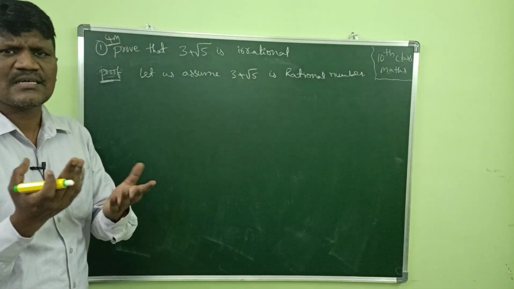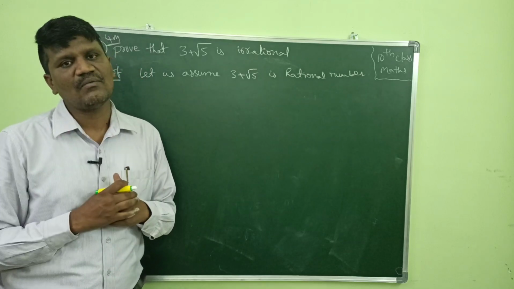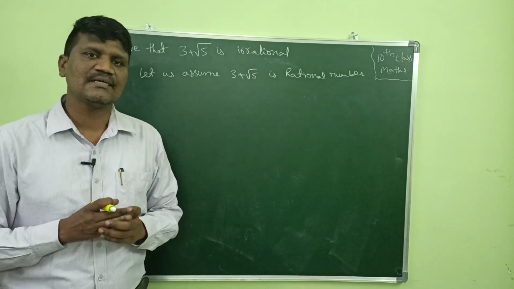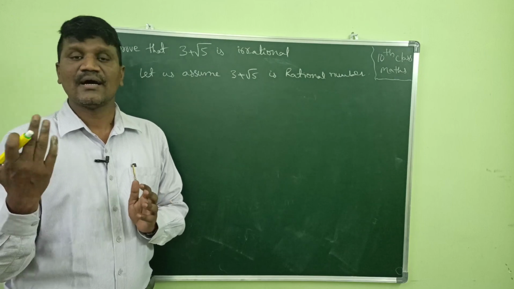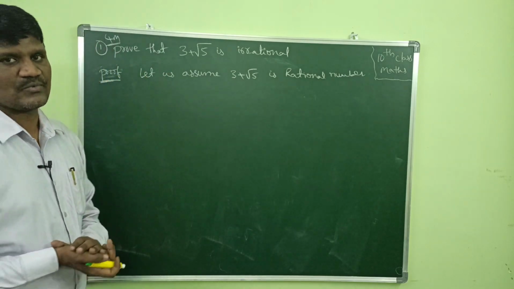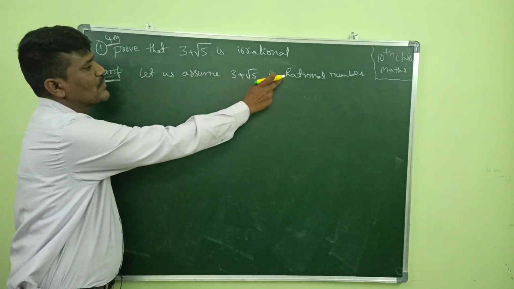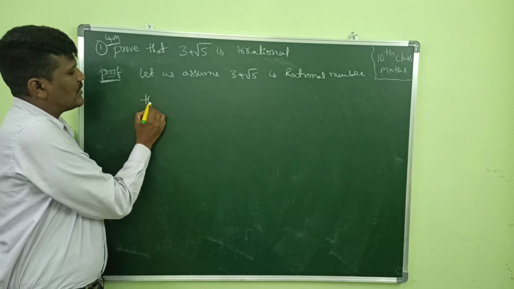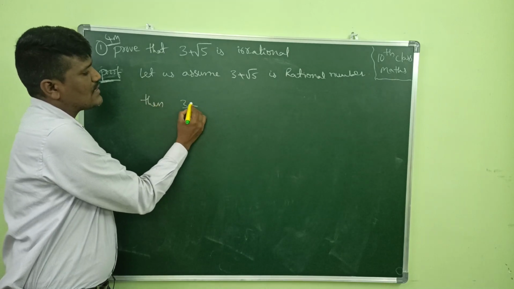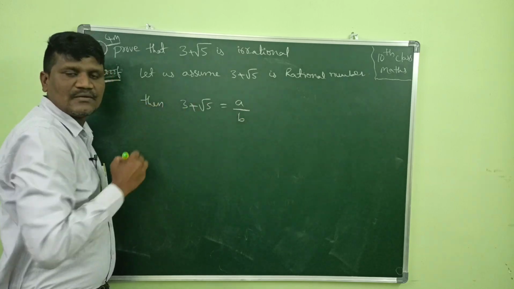We know that a rational number should be in the a by b form, where a, b are integers and b is not 0, and also we should take a and b as co-primes. So now, if 3 plus root 5 is rational, then we can write 3 plus root 5 is equal to some a by b.